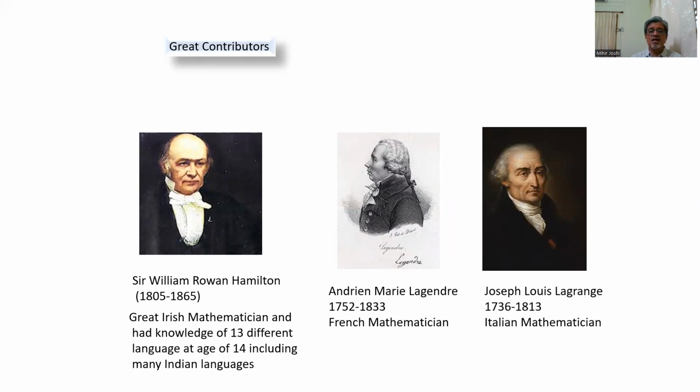Another one is Adrien-Marie Legendre, born in 1752, passed away in 1833, a French mathematician. He gave the Legendre transformation theory, which is used in canonical transformation. And Joseph-Louis Lagrange, born in 1736, passed away in 1813, an Italian mathematician. He contributed the Lagrange equations of motion.